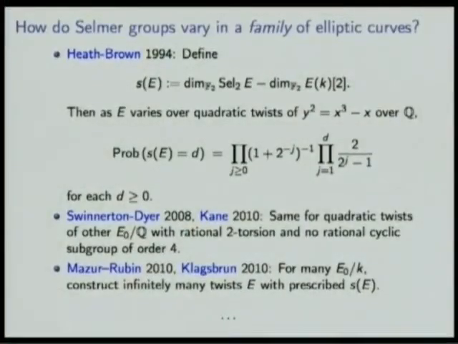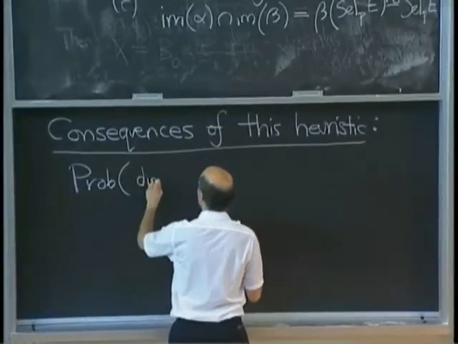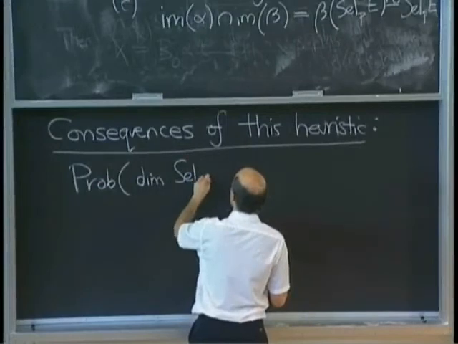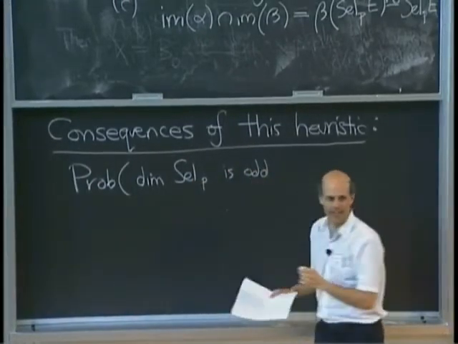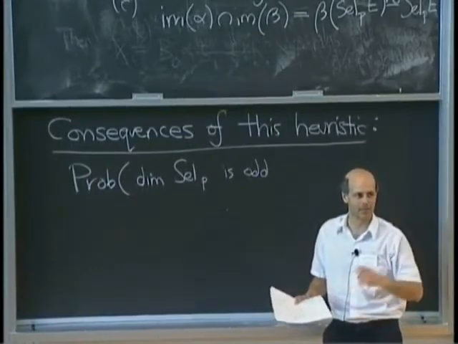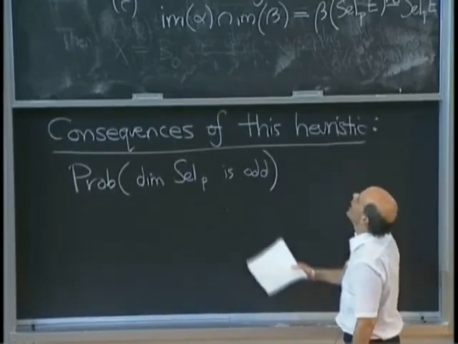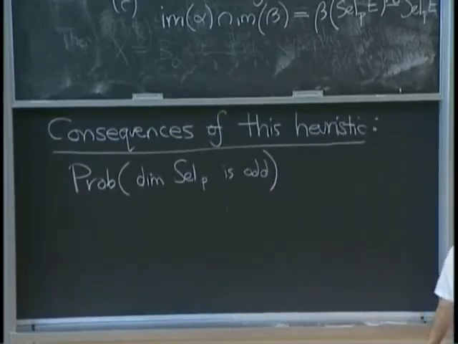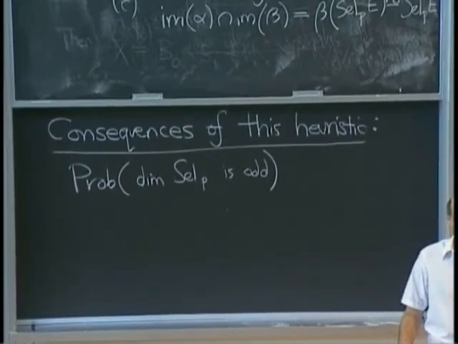And so based on that statistics, you can ask, okay, what's the probability that the p Selmer group has odd dimension? Well, this ought to be 1/2, right? Because it should be compatible with the root number, which is expected to be 1/2, 1/2. And you can actually see directly that this distribution gives equal weight to the odd integers and the even integers.